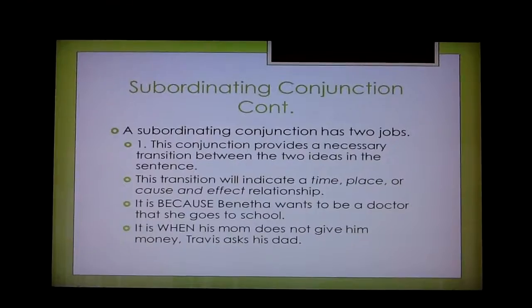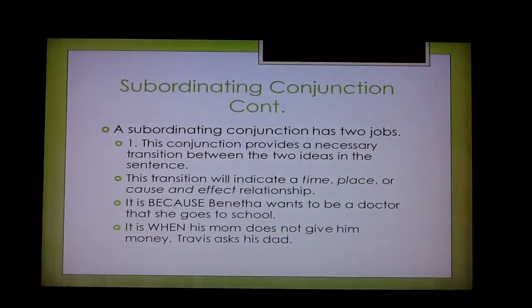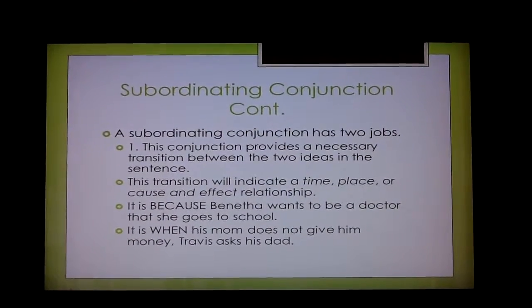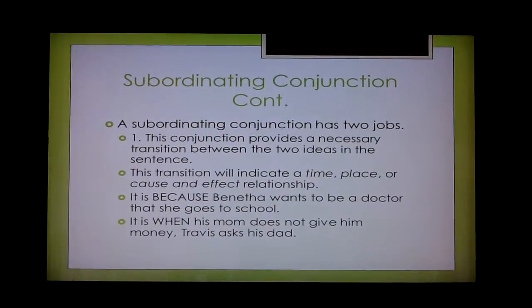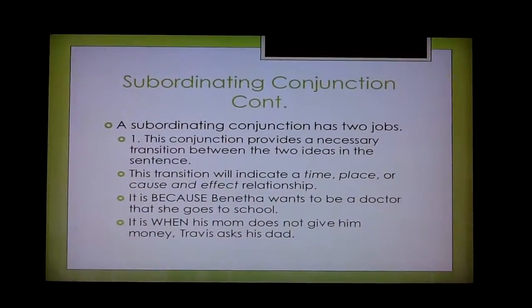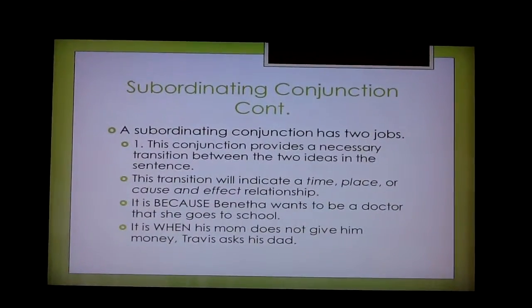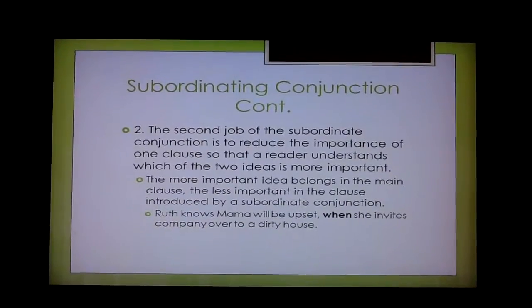And it's showing the relationship between the two. And the last one we saw, it is when his mom does not give him money, Travis asks his dad. So that's just saying that Travis asks his mom first, and when she doesn't do it, he asks his dad. So that's indicating the time and the relationship between the two clauses.